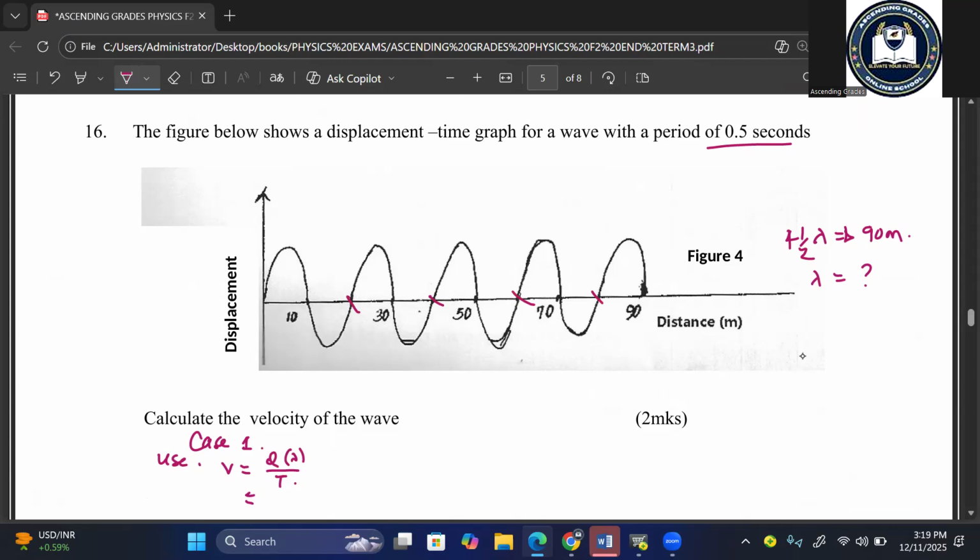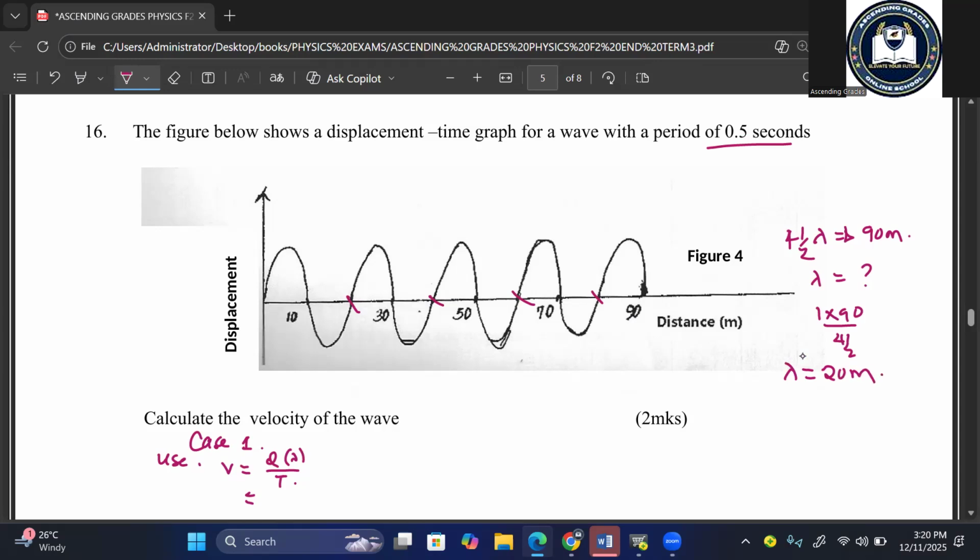It will be 1 times 90 divided by 4.5. Let me compute. Then it means that wavelength is 20 meters.